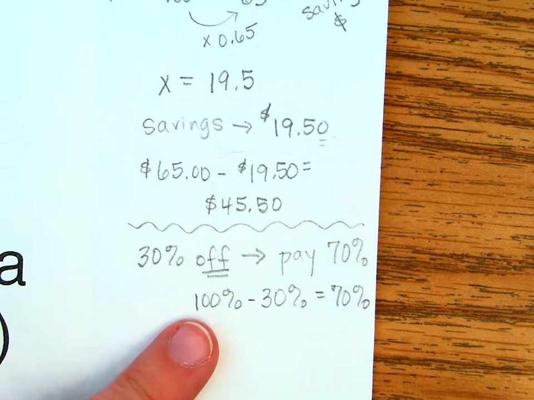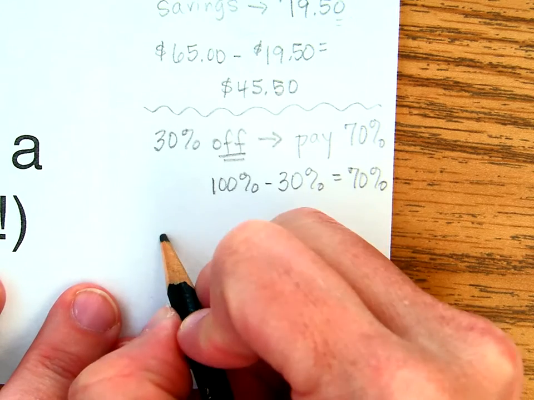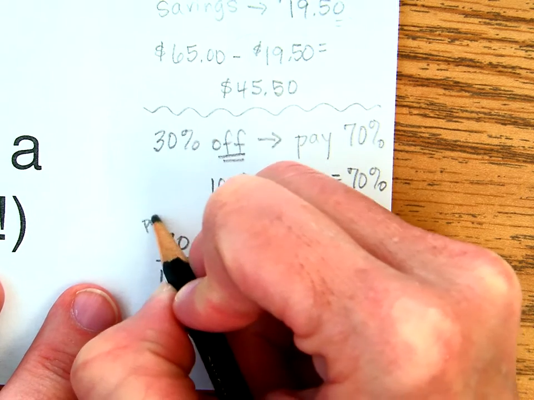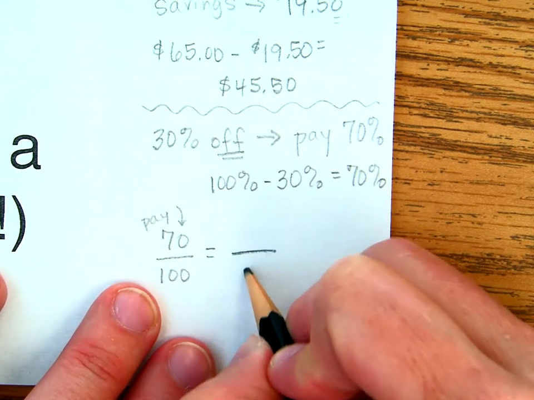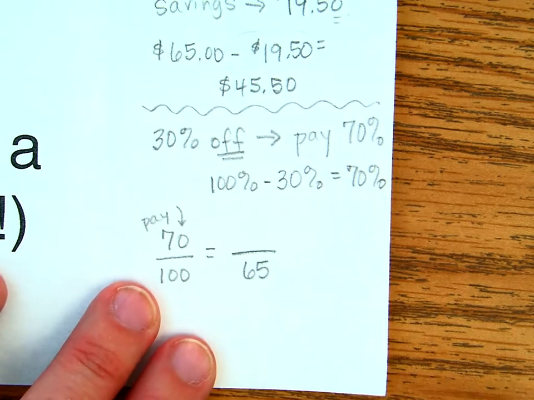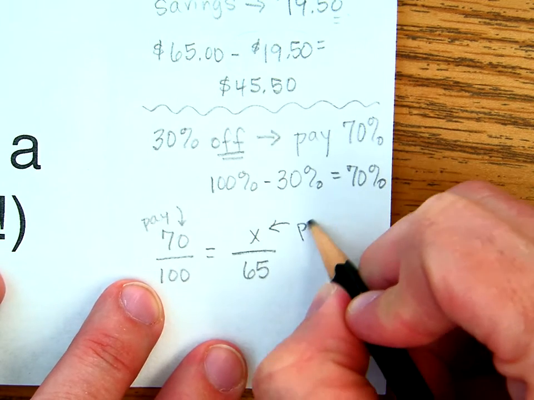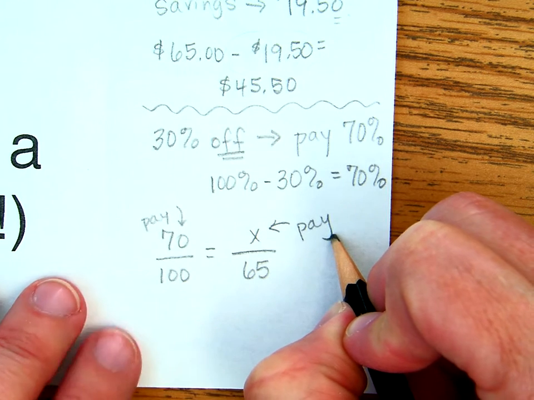So some people prefer to figure out the new price this way, using the 70% that they do have to pay. So if you're paying 70% of a $65 item, then this time the variable represents what we're going to have to pay.